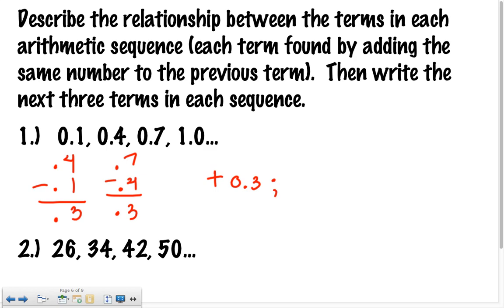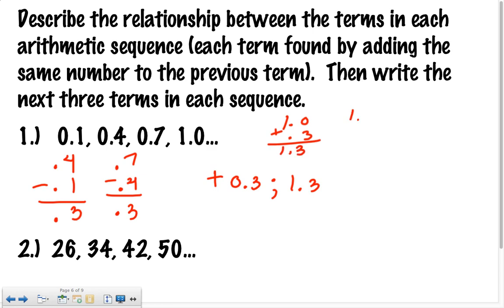Then the second part is to write the next 3 terms in each sequence. I'm going to use a semicolon to show the second part of the question, because in this question it doesn't say A or B. So all we're going to do is add 0.3 to the last number to find the next one, which is going to be 1.3, because 1.0 plus 0.3 gives us 1.3.